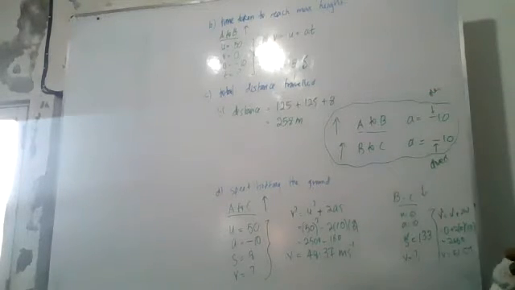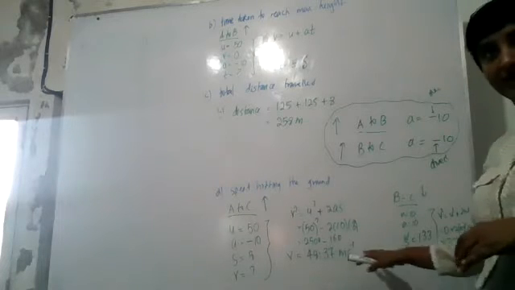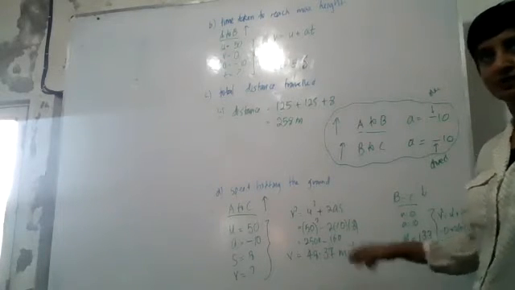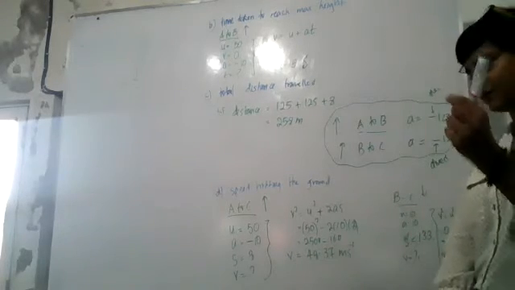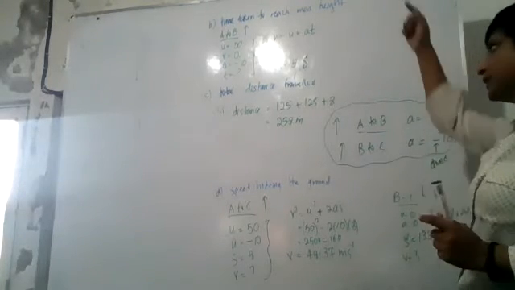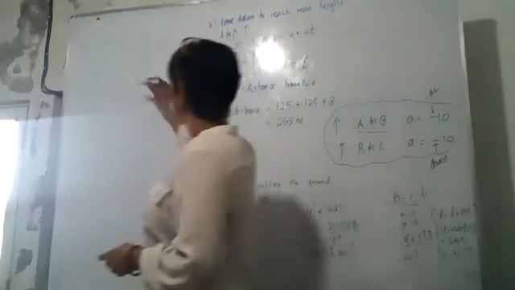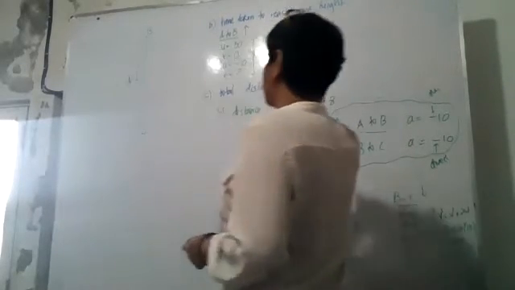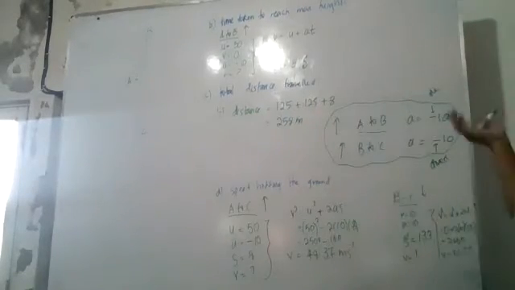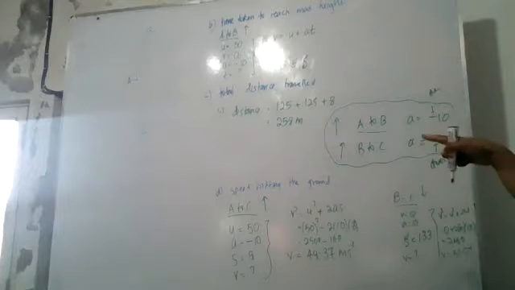Can you see? That's the mistake. Do you understand what's happening here? So we applied it from the starting point A up to C. He is doing from B to C. We from A to C, he is from B to C. This can't go wrong.